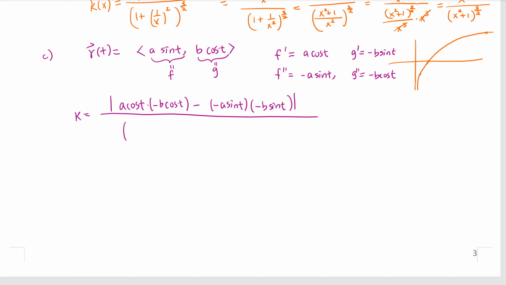And in the denominator we have f prime squared plus g prime squared, and then to the 3/2. Okay, let's see, what's the top? The top we have ab cosine squared t, and because this is minus and this is also minus, ab sine squared t. And the bottom stays the same.